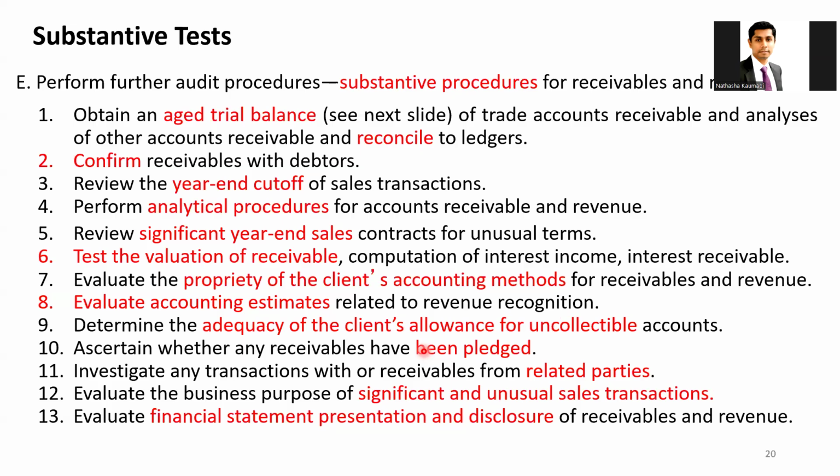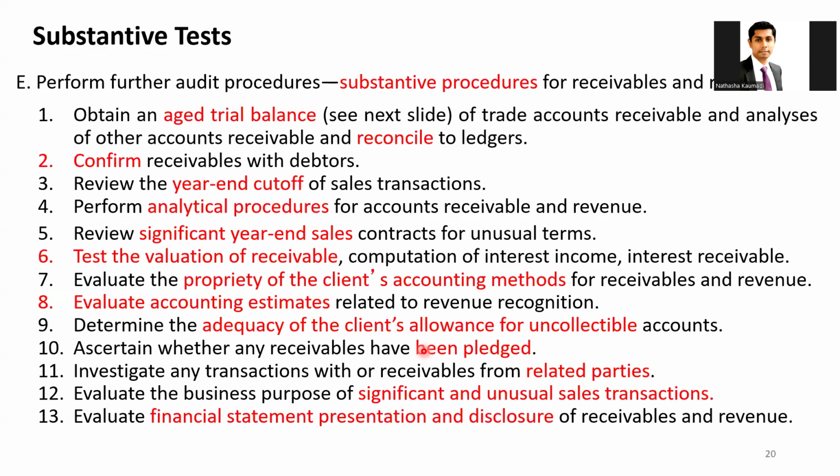And that means that finance company has the right to receive the amounts from the debtors, right? Temporarily, in an agreement. Maybe the debtors actually don't know about this situation. Anyway, they have to pay the finance company or our company. But the company can receive a loan kind of thing over the debtor amounts. You call that factoring. So you go and check whether your client has actually pledged these receivables to another finance company.